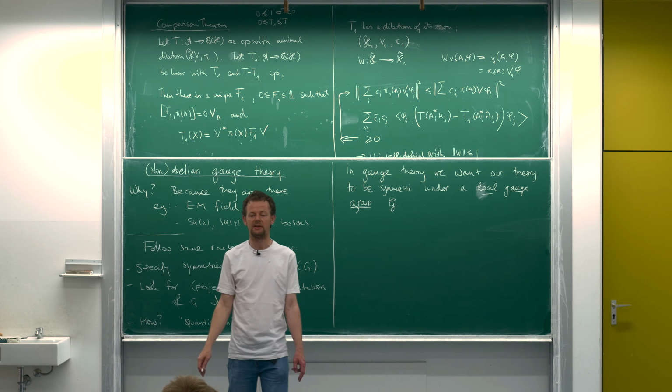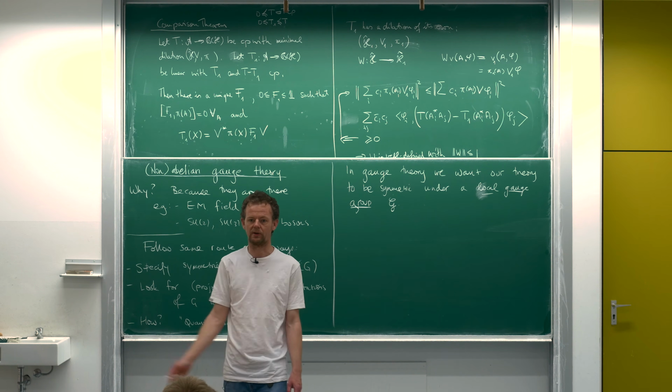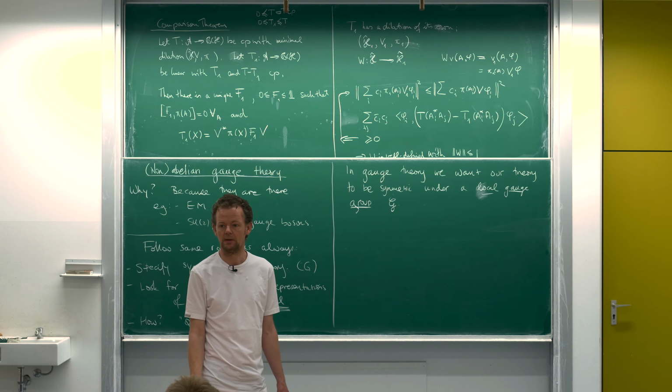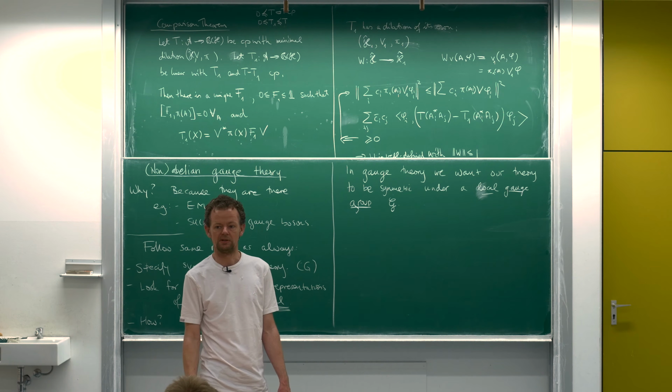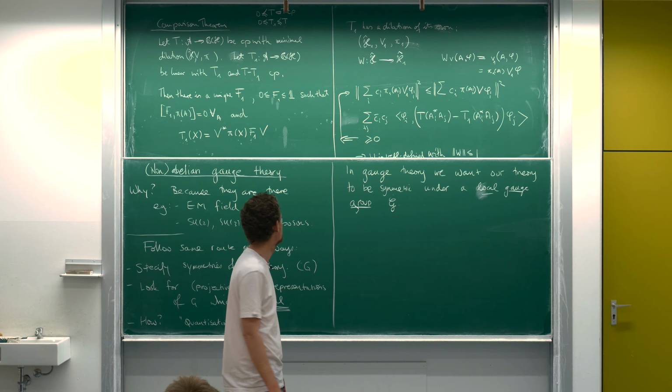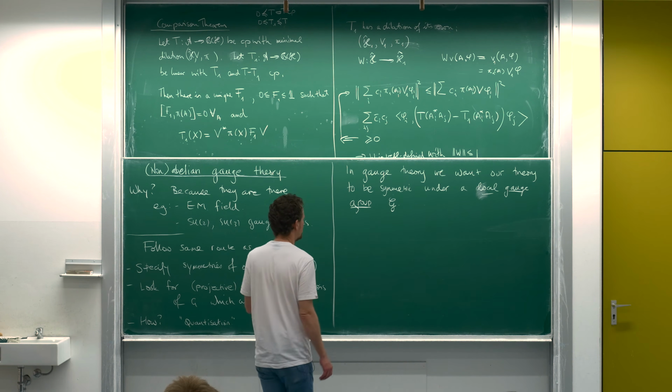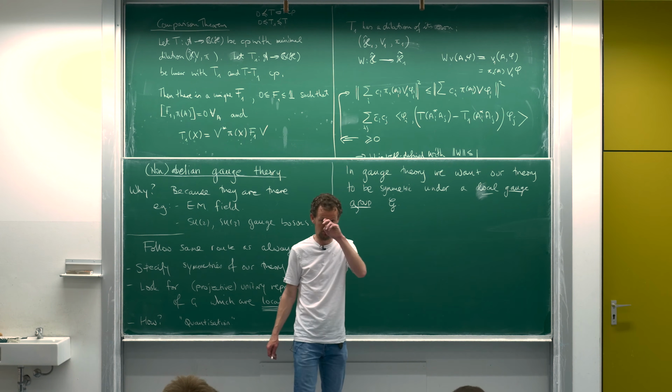Here's the difference. In gauge theory, of course we want it to be Poincare invariant, but we also want it to be additionally symmetric under a gigantic group known as the local gauge group.